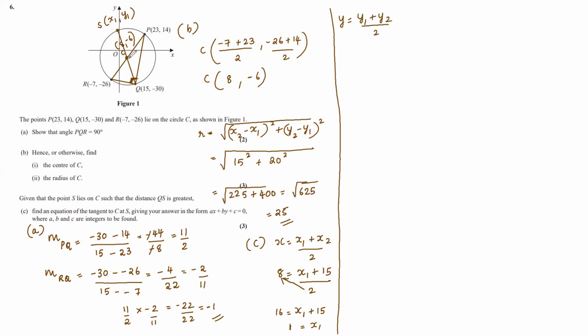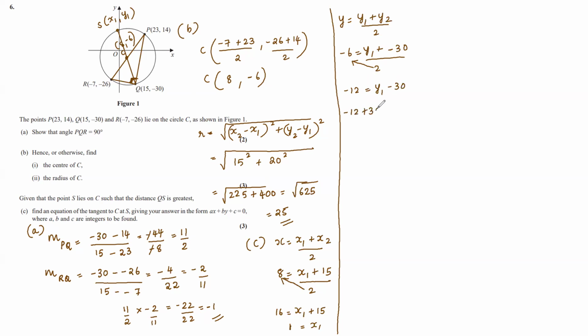Now y here is minus 6. y1 is what we need to find out, plus y2 is minus 30, divided by 2. Cross multiply, this will give you minus 6 into 2 is minus 12, is equal to y1 plus minus 30. Minus 30 goes to the other side.